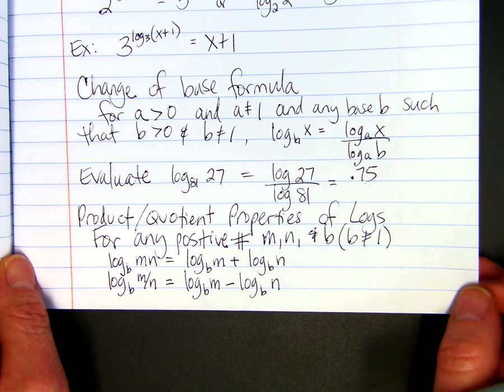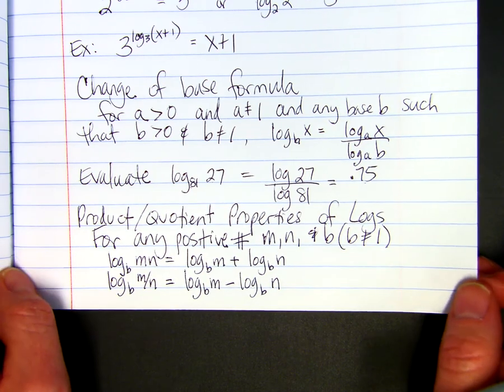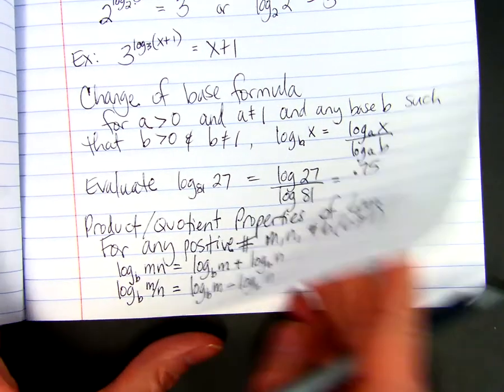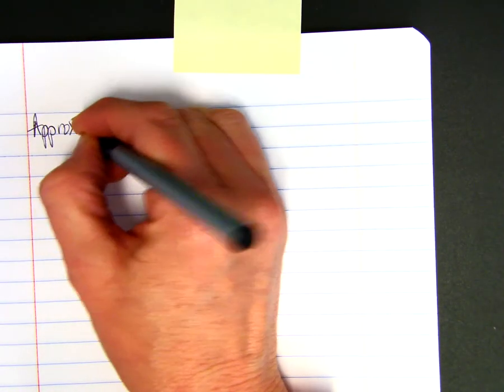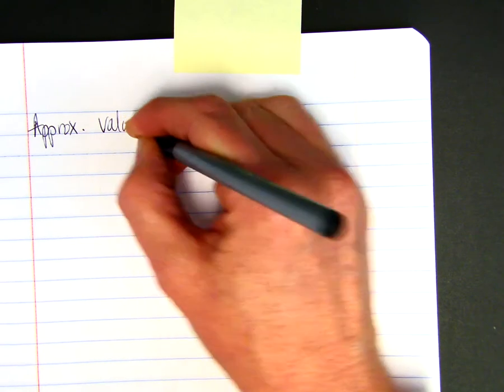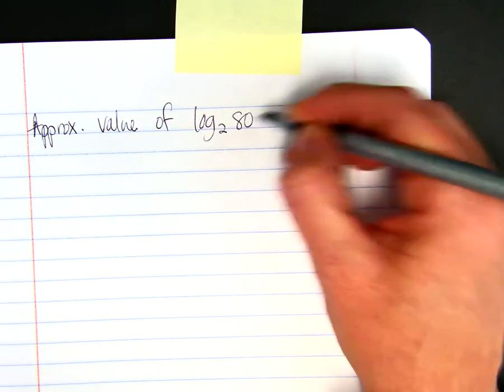Yes, Tan? I forgot how to do a normal log. Okay. So we're going to approximate the value of log base 2 of 80.